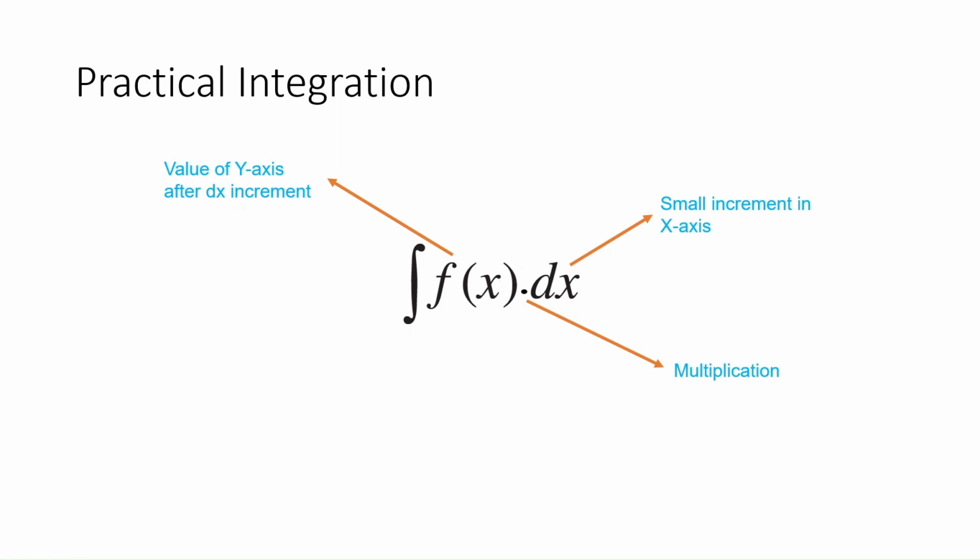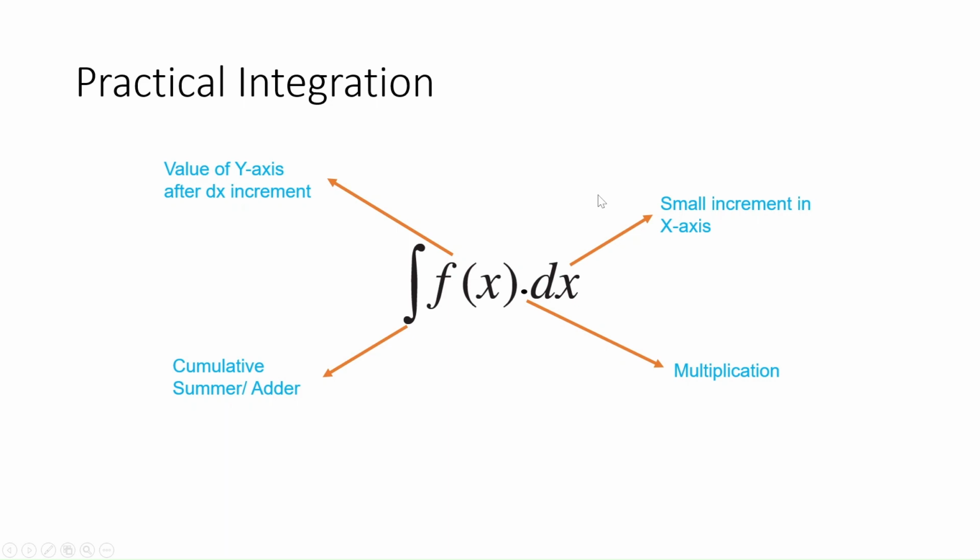That will calculate a small rectangle area, and then you have to implement a cumulative adder. This symbol here is a running sum, a cumulative accumulator, carrying forward a running sum of all the areas of the small rectangles that we are calculating.